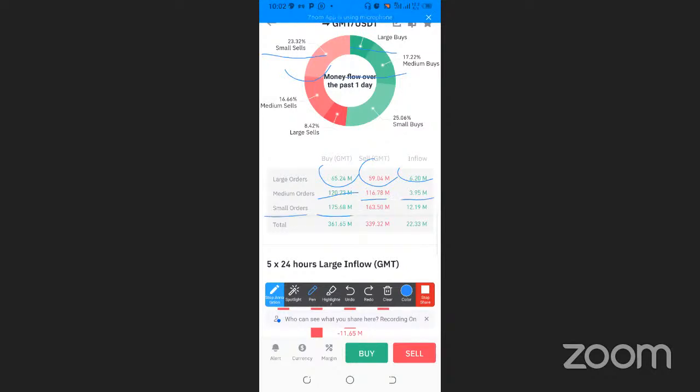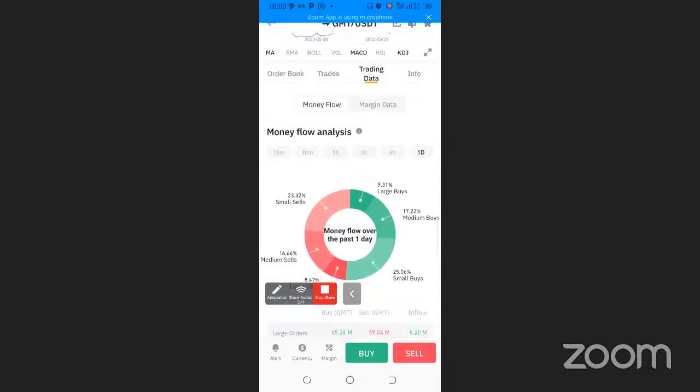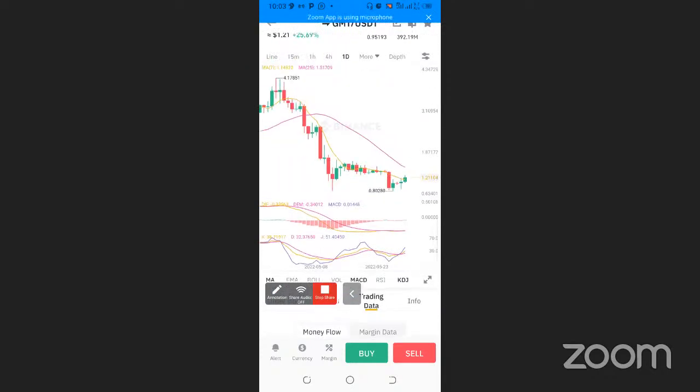Smallest order, 117. That is the smallest order, me and you. Me and you are the smallest order. We place a little order. We buy small, like a rat chopping a small melon. Look at the sellers. We are similar to them, and the plus total market capitalizations, and what can we get on this market as we are entering at this moment.